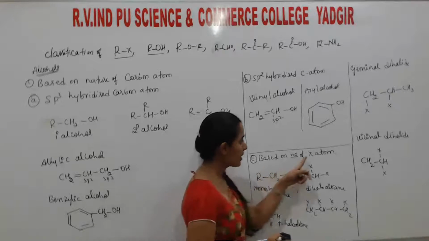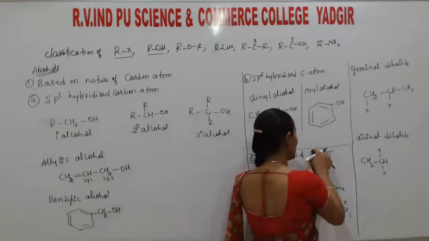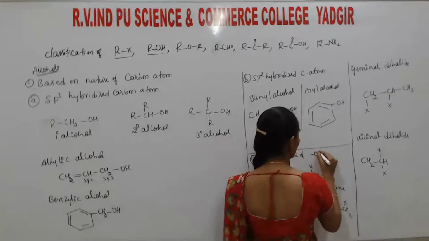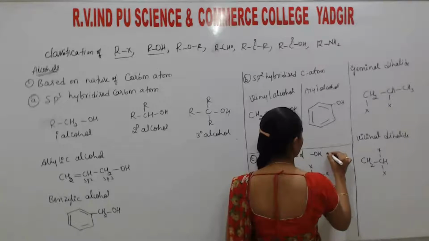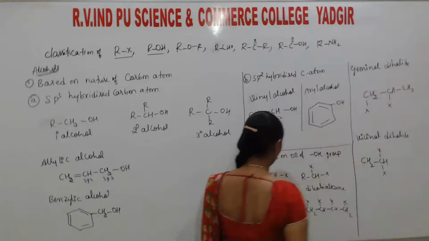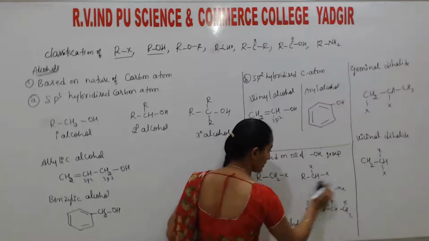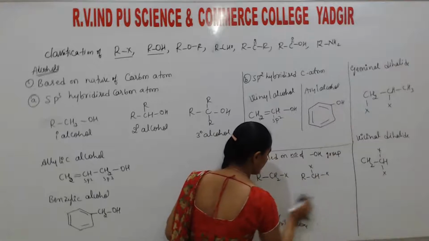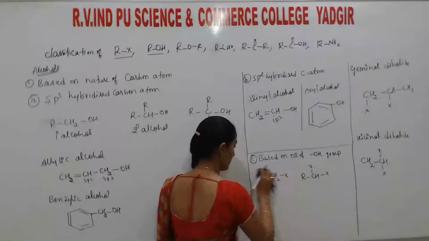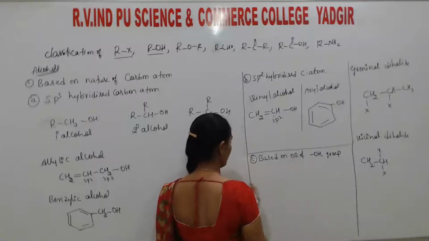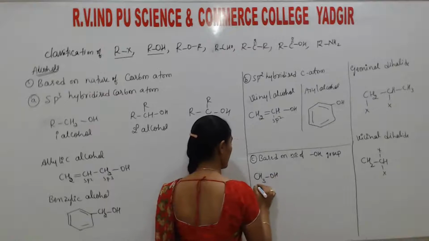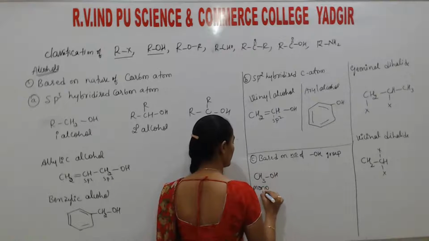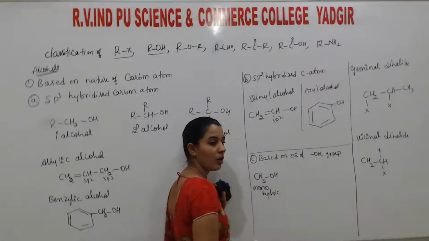Next here, based on the number of halogen atoms, replaced by based on the number of OH groups. Okay, so I will just replace here. If I take the example like this, this is monohydric alcohol.